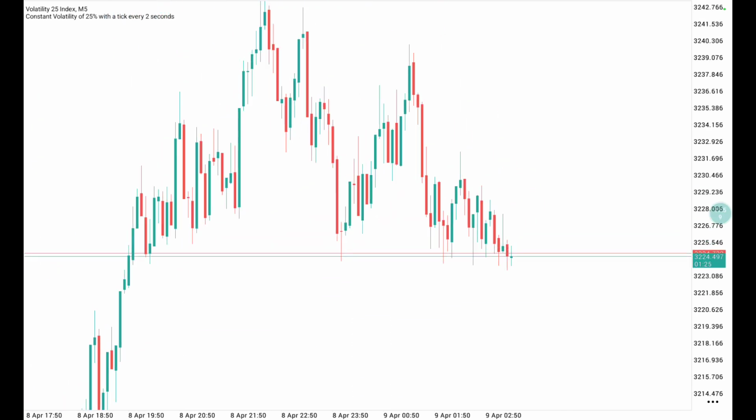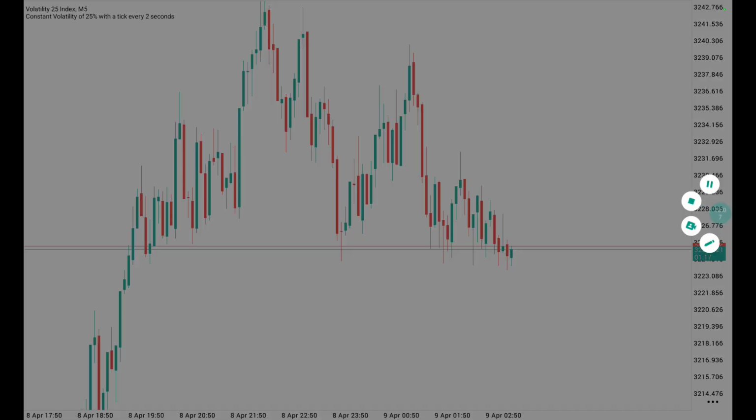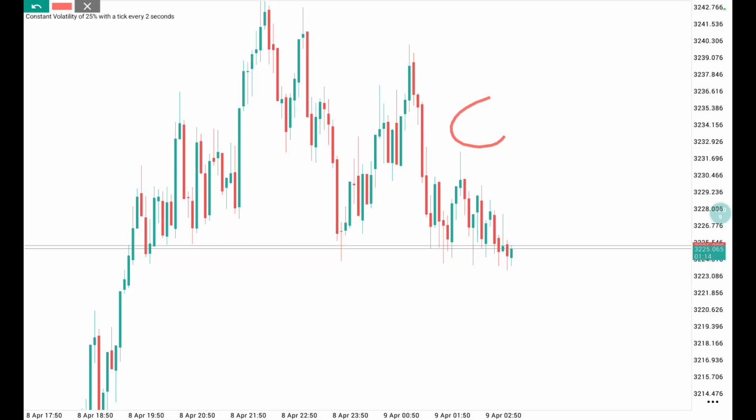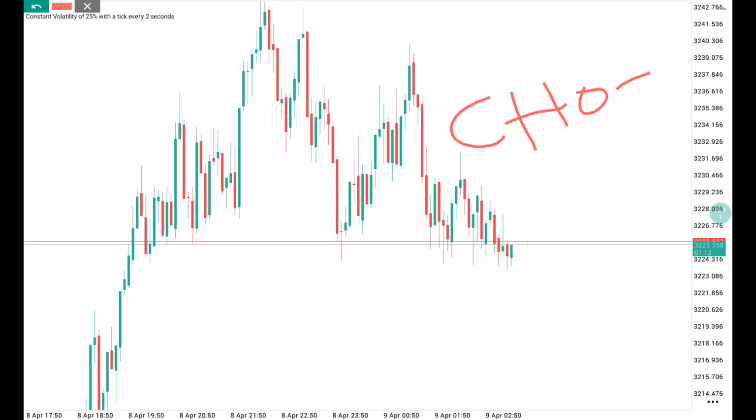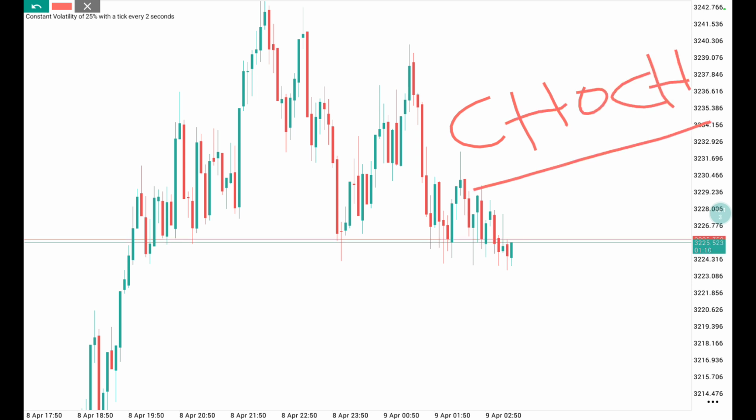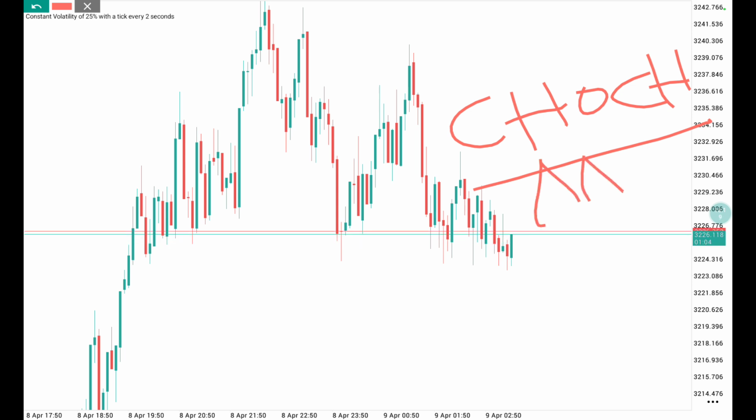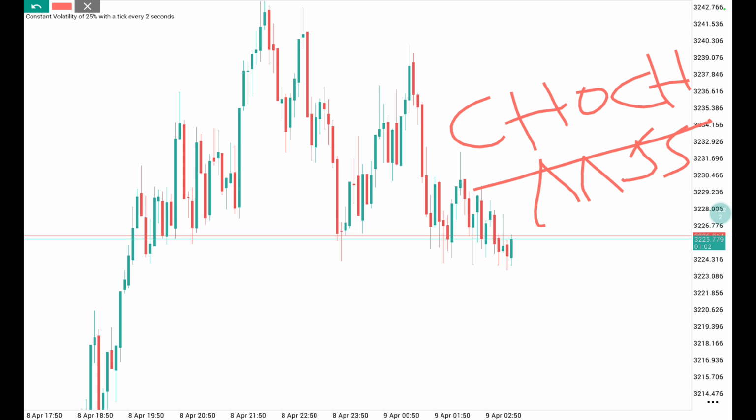The next thing I need to show you is what we call market structure shift, or what you call shock. Some people call it shosh. Change of character. Change of character is the same thing as market structure shift, MSS.